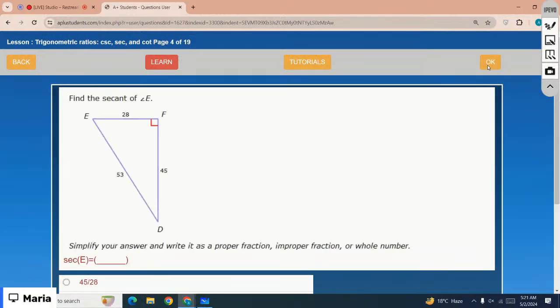Okay. Find the secant of angle E, which is the correct option. You can think, take your time, and then answer.